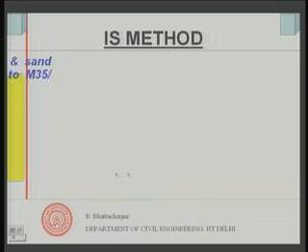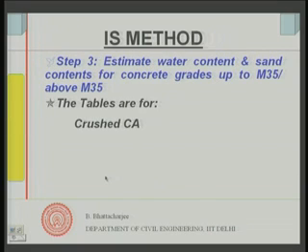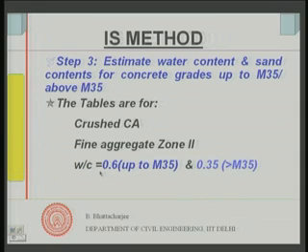These tables are meant for crushed coarse aggregate, they are meant for fine aggregate zone 2, they are meant for water cement ratio 0.6 for the first table, that is the table up to M35 grade, and 0.35 for grades higher than M35. So, these tables are meant for fixed water cement ratio, fine aggregate and coarse aggregate.